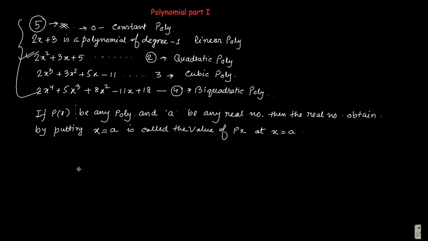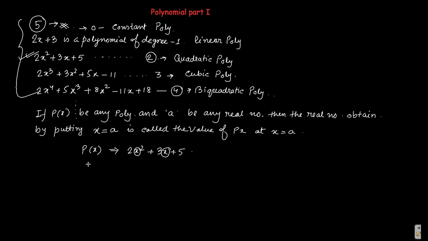If p(x) is 2x square plus 3x plus 5, the value of this polynomial depends upon the value of x that we put in this expression.